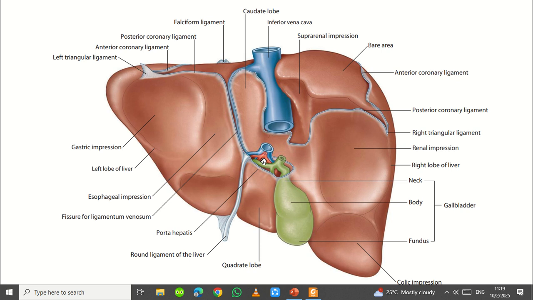For example, you have the bile duct, your hepatic artery, your portal vein, your hepatic lymphatic system, as well as your sympathetic and parasympathetic innervation. They will be found within the porta hepatis. So it is the porta hepatis that forms your transverse fissure. Let's take a look at another diagram.